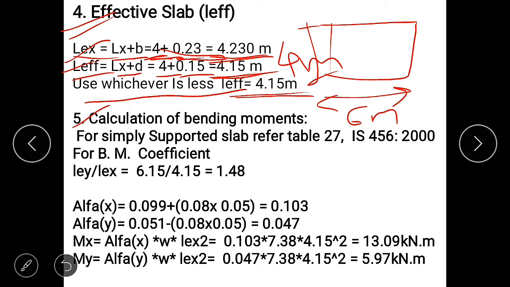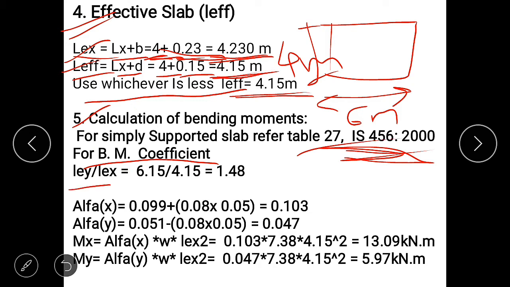So the fifth step, we have to calculate the bending moment. For calculating the bending moment, use IS 456 2000. For the bending moment coefficient, use Table number 27 of IS 456 2000.